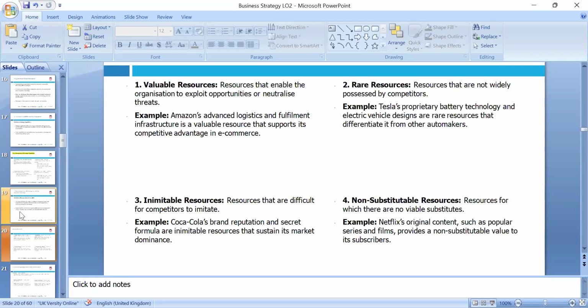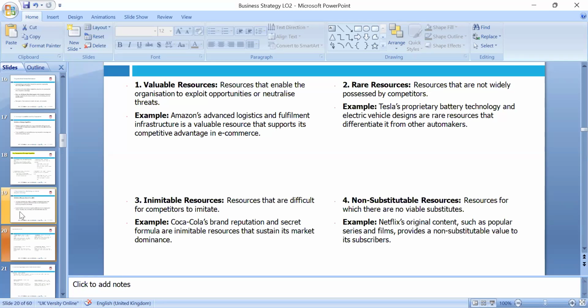Rare resources are not widely possessed by competitors, like Tesla's battery technologies and electric vehicle design, the rare resources that differentiate it from the automakers. We can look at these, and Coca-Cola's brand, reputation, and secret formulas.